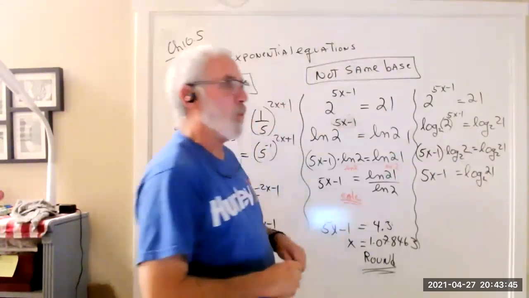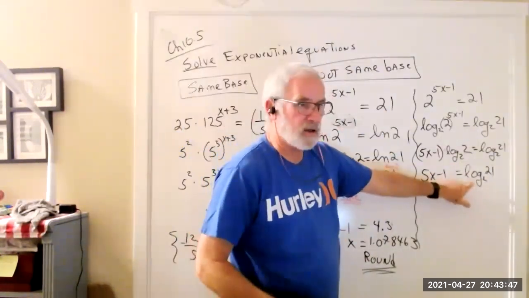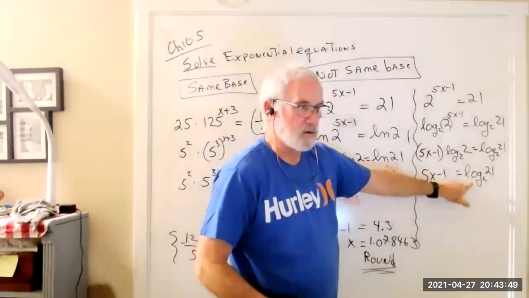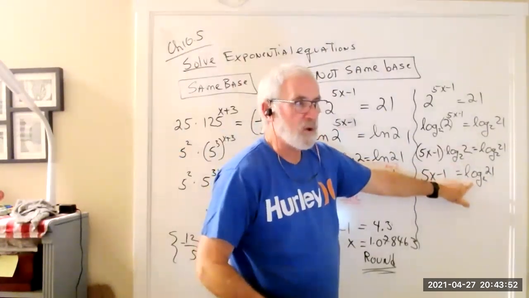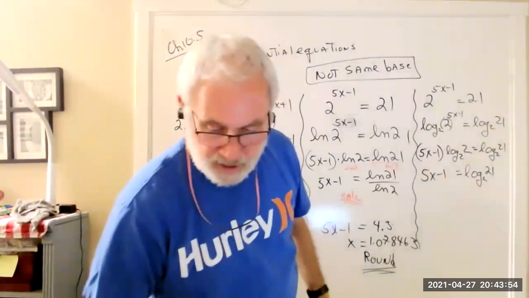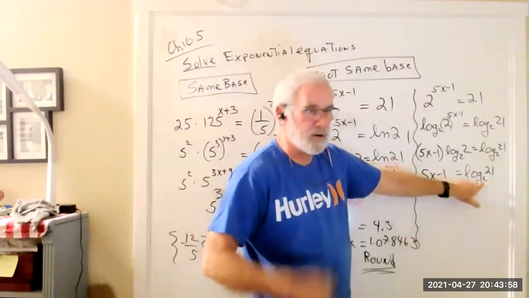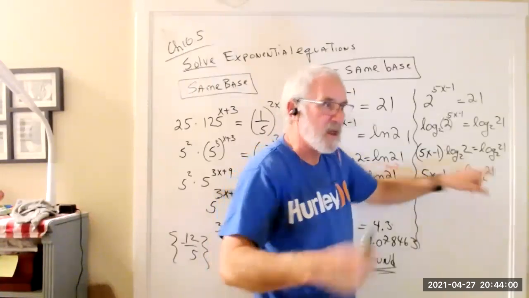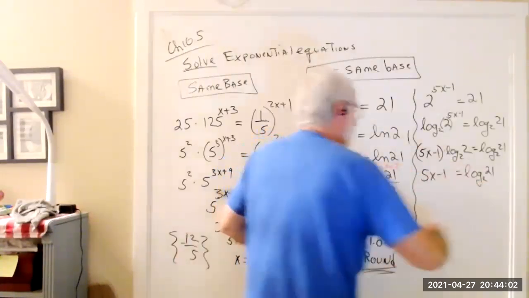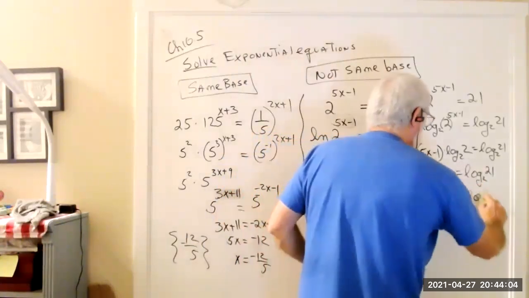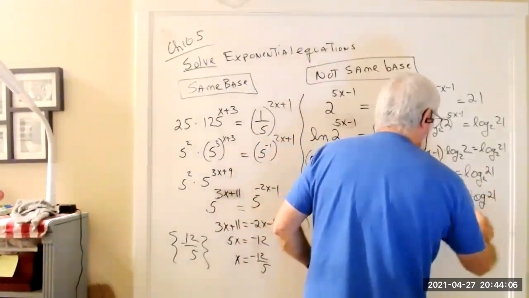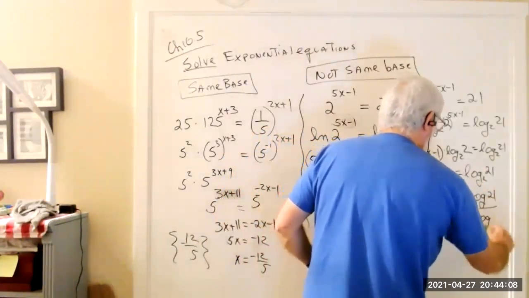Now, we did this on our calculators last week. If you have the TI-36X Pro, it has a special base 2 button if you push the log enough. If you don't have it, remember this could be written as the log of 21 over the log of 2.